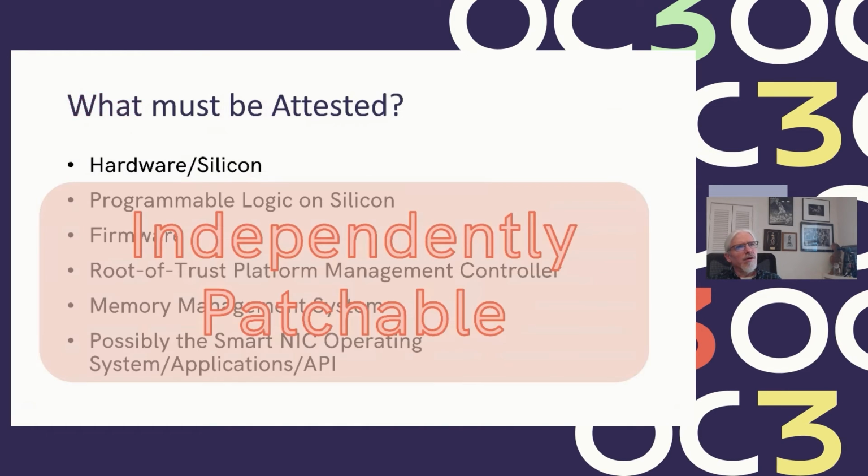But it gets harder because all of these things are independently patchable, right? Other than the silicon in the chip, the rest of these things are independently patchable, and they have to be, because all of these things can have security vulnerabilities.